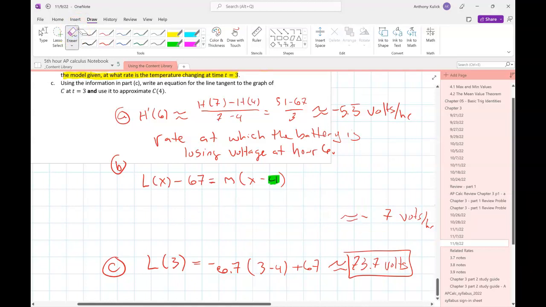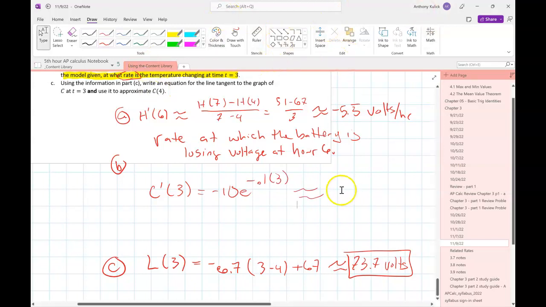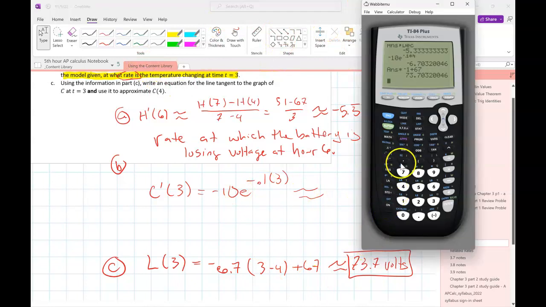I got carried away. The key here is rate. So we're just doing C prime of 3.